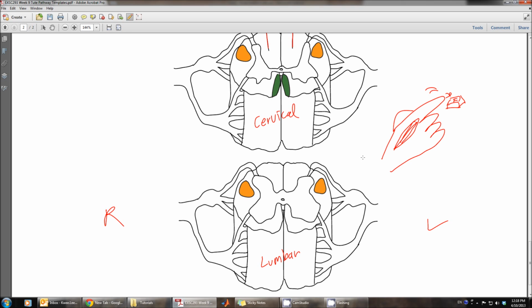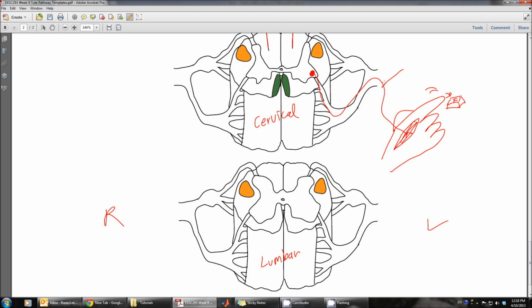That muscle will be innervated by the lower motor neuron on the same side. The lower motor neuron doesn't cross over, which means if you want to move the left hand, the lower motor neuron is on the left side. So the left side of the ventral horn of the cervical spinal cord is where you find the lower motor neuron. It will travel through the ventral root and innervate the intrinsic hand muscle to move the finger.